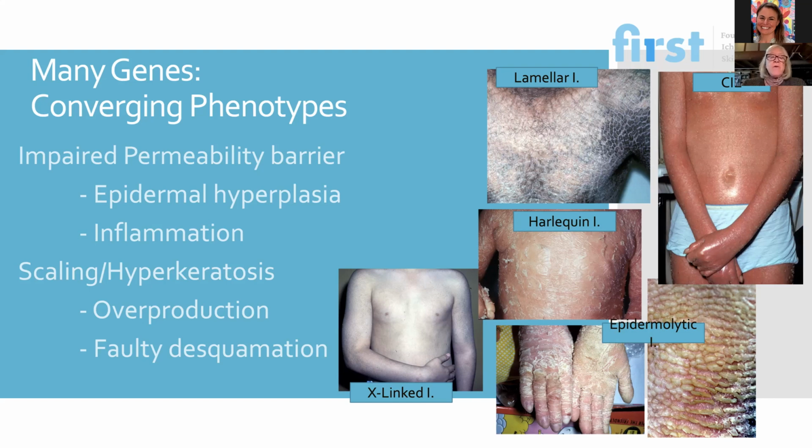Instead of shedding the outermost cells as a single cell, in ichthyosis, the cells remain clumped together and desquamate as large visible scales. This framework can help to account for some of the features of ichthyosis, such as a change in how the skin appears at birth versus afterwards, and also to understand some of the health problems facing people with ichthyosis. Next slide, please.